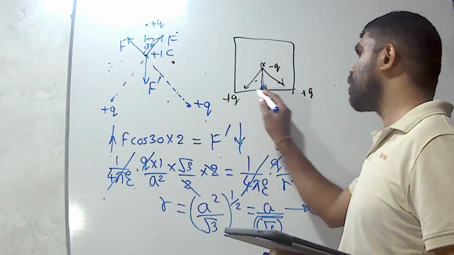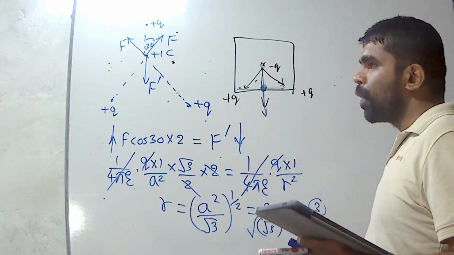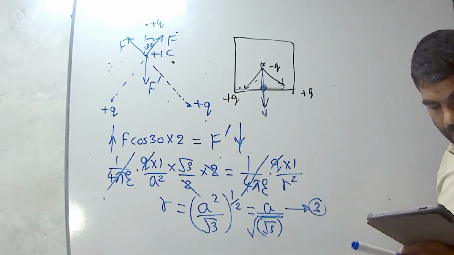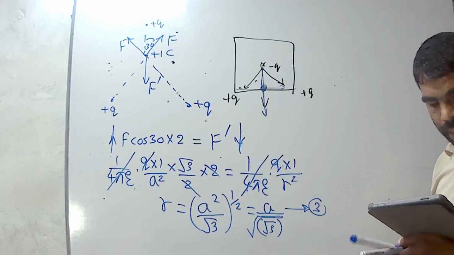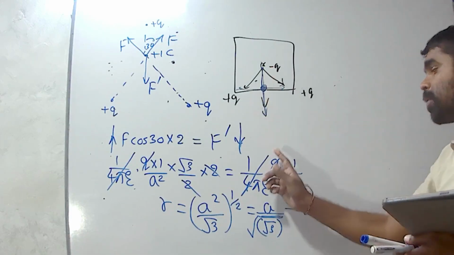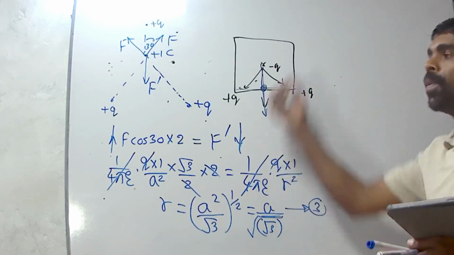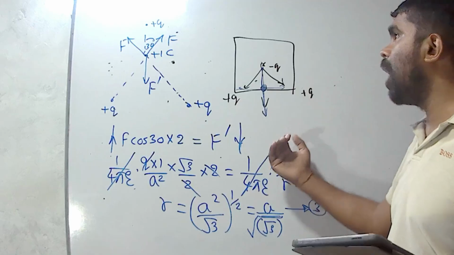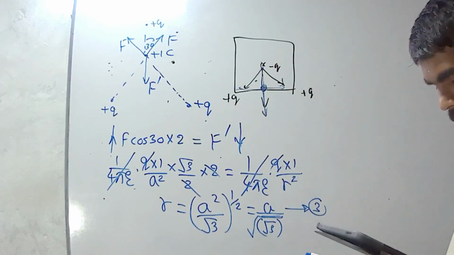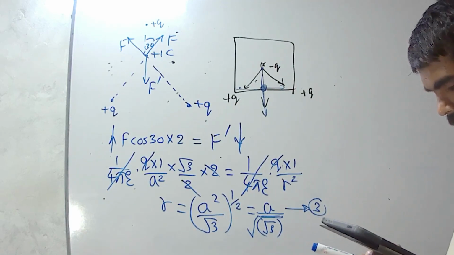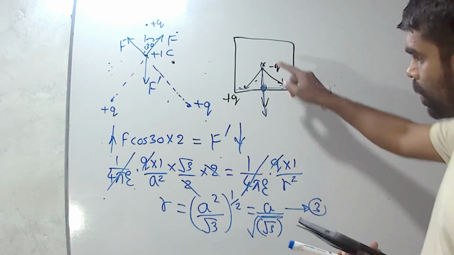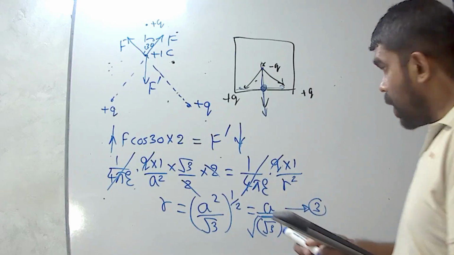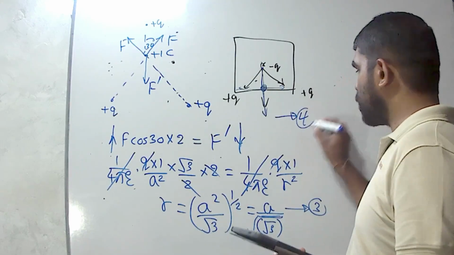At point P, there are equal and opposite forces. Therefore, the resultant should be 0. The fourth one is incorrect. Fifth one, it will again return to O. Yes, after passing this point, it will move in the opposite direction because these two charges are attracting. There is an attraction force on minus q after passing this point in the upward direction. Then the incorrect statement is the fourth one.